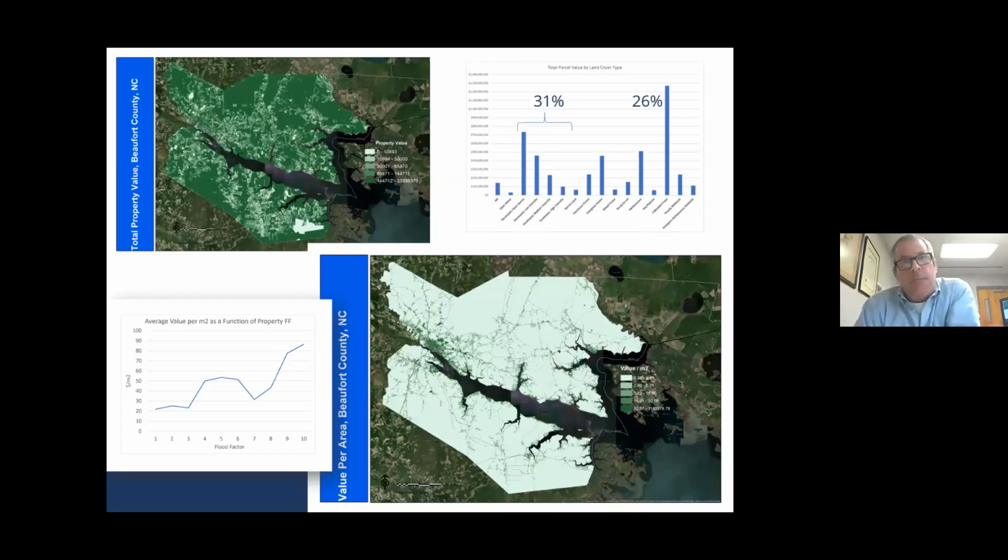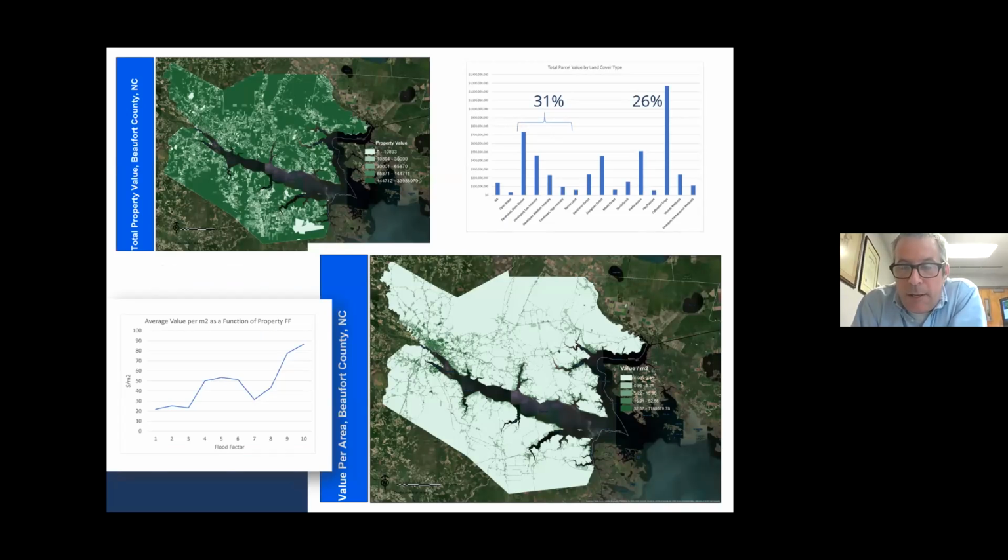And here are those same figures in terms of property value and then property value per area. So unlike Terrell County, 26% of the total property value is under the cultivated crops category, farming, and 31%, a higher percentage, is under the developed open spaces. And if you look at the value per area, that's the bottom graph, it again shows a similar story.